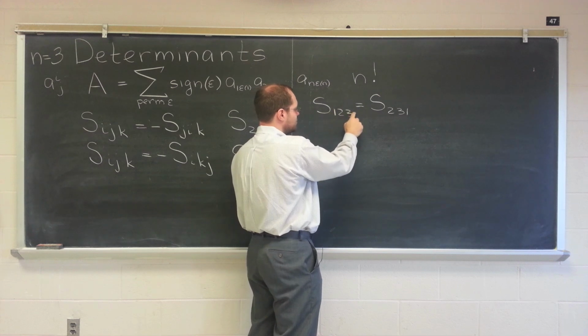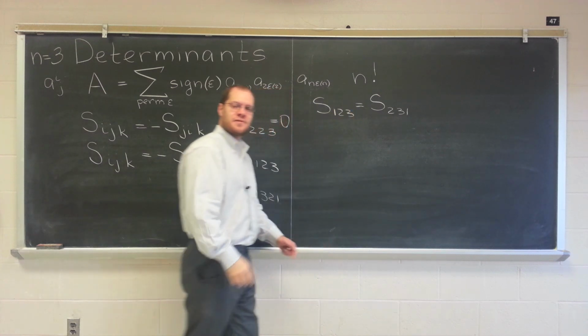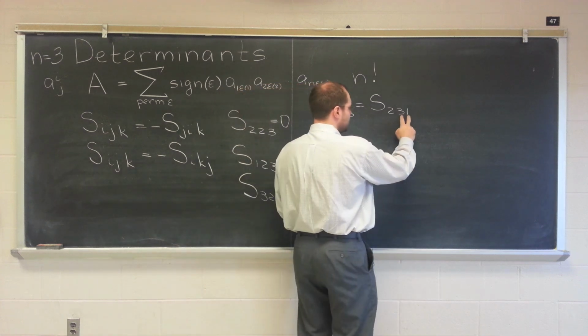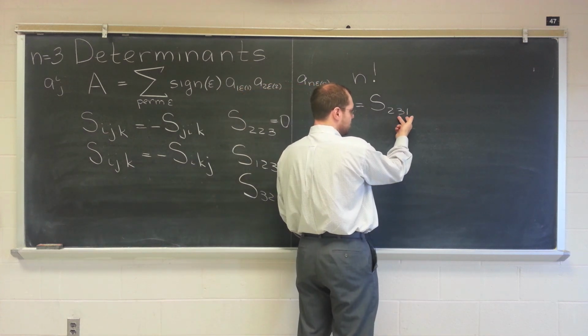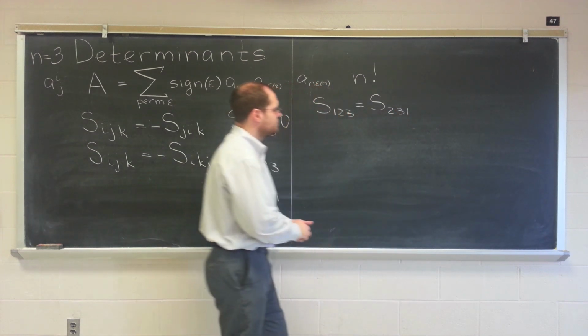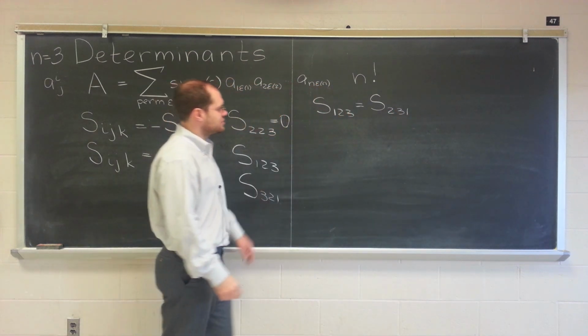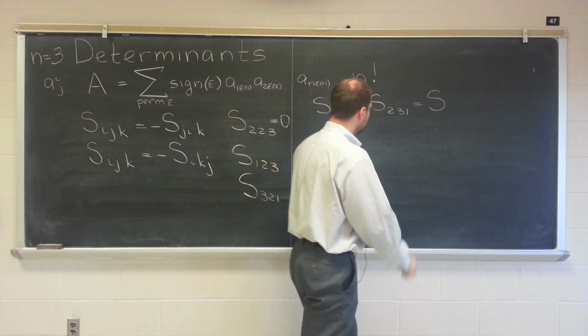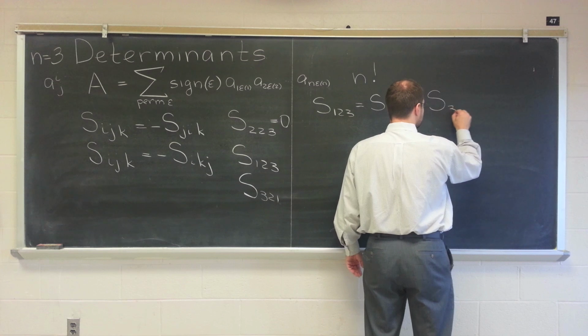So when 1 goes to the end and these two slide, that's because it's 2 switches away from being S123. You have to switch 1 and 3, giving us a minus sign, and then now we have a 1 here, so 1 and 2, picking up another minus sign, so it's the same. And then cycling the indices one more time, we get 3, 1, 2.